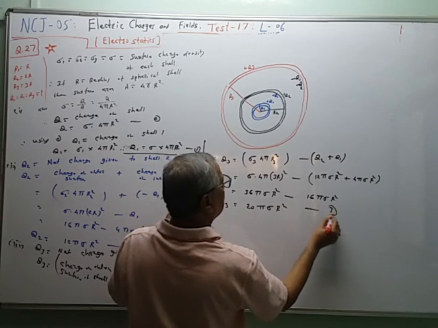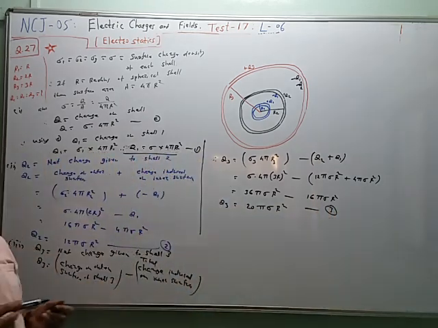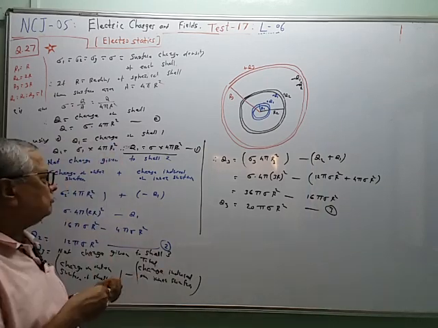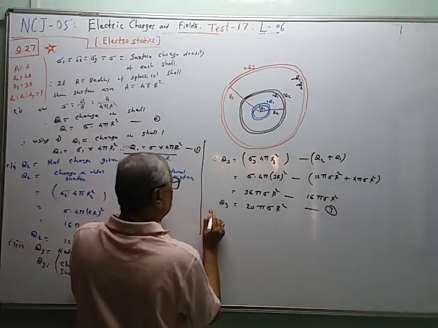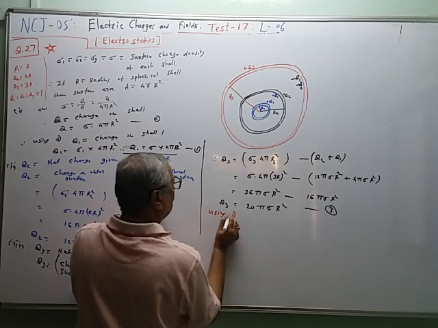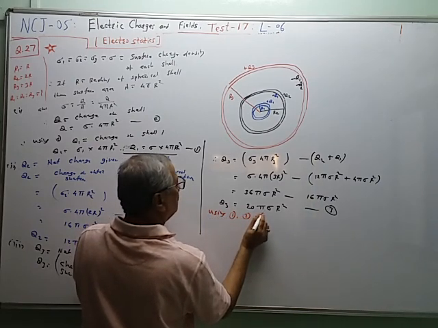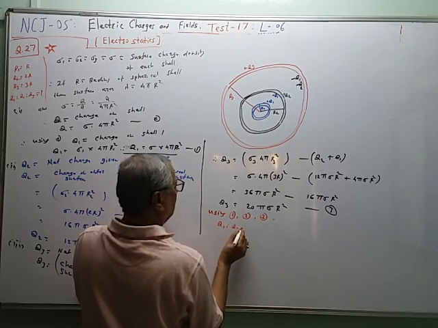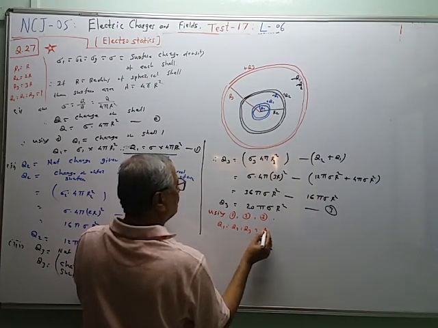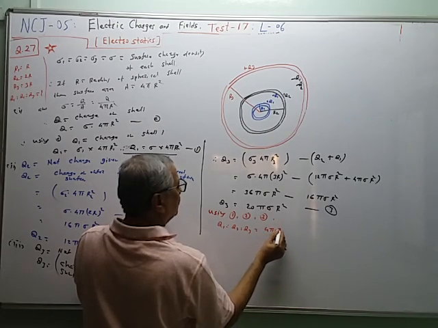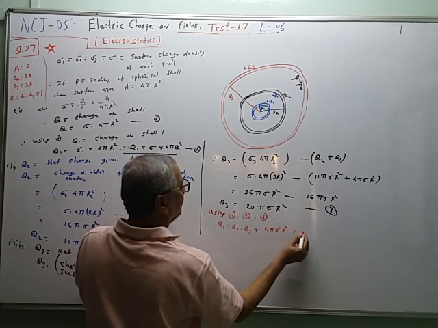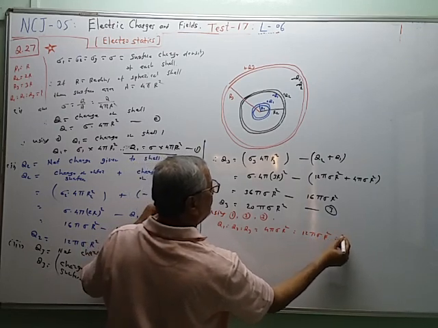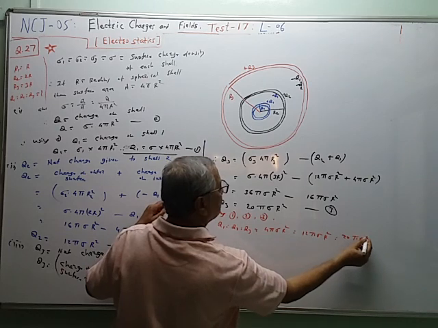This is equation 3. So these are the net charges given, and therefore using 1, 2, 3, Q1 to Q2 to Q3 is equal to 4 pi sigma R square to 12 pi sigma R square to 20 pi sigma R square.